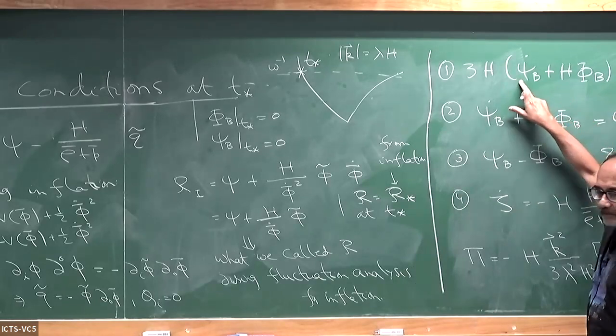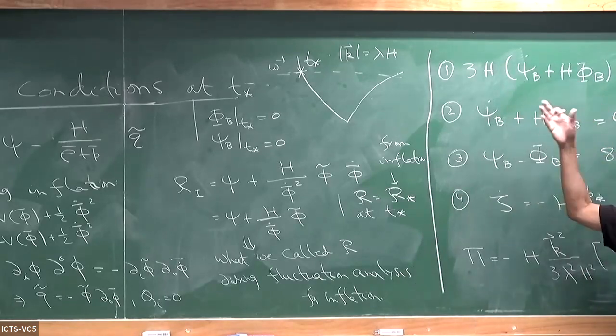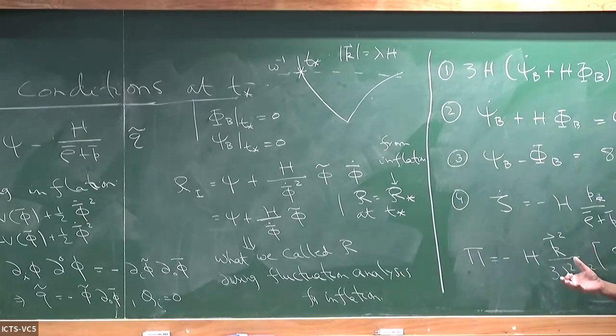This becomes H inverse psi b dot, which means how much psi b changes during one horizon size, one Hubble expansion. That's a natural parameter. Then this also becomes k squared over lambda squared H squared, so this term you can also ignore. So super horizon evolution allows us to set this equal to 0 and pi equal to 0.